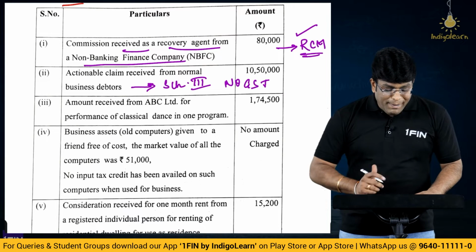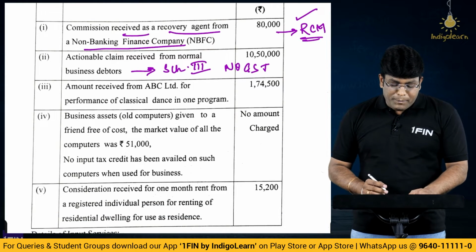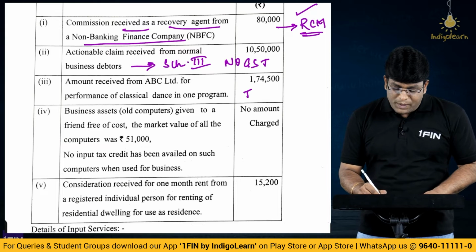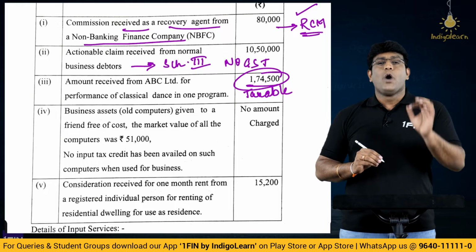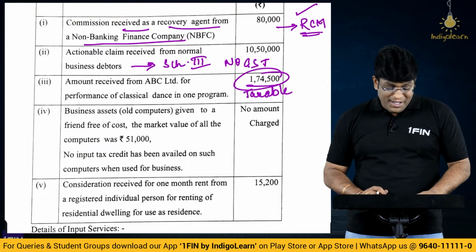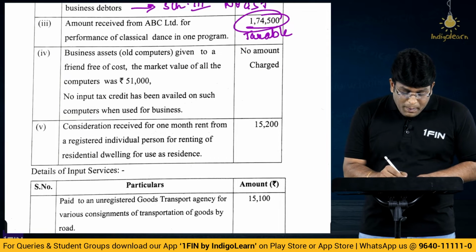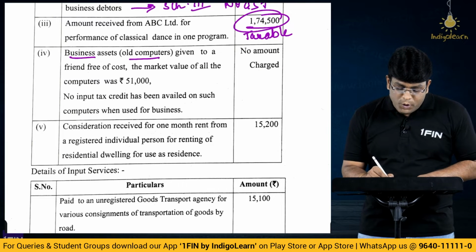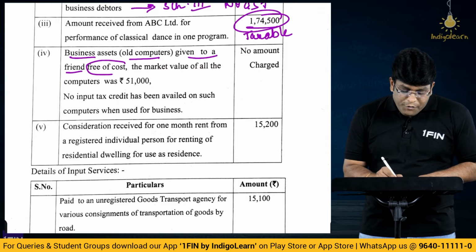Third bit, amount received from ABC Limited for performance of classical dance in one program. This is definitely taxable because it is more than 1,50,000. So on this, Jayesh is required to pay tax. So next point in this question, friends, business assets, old computers given to a friend free of cost.